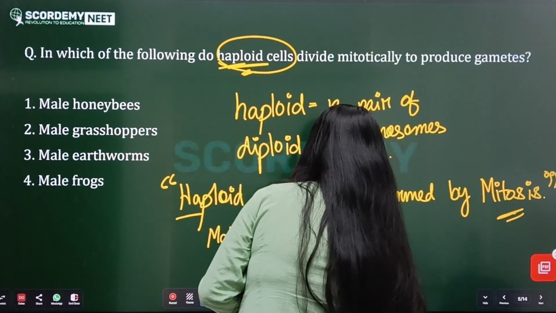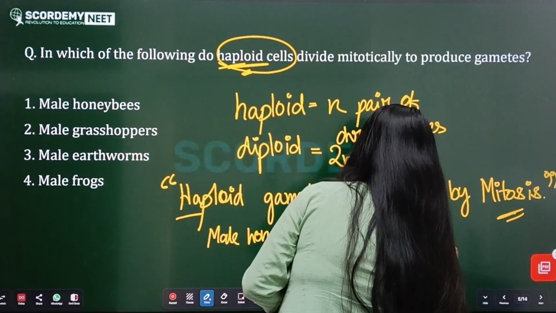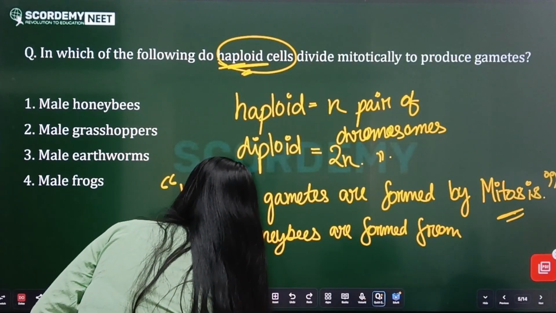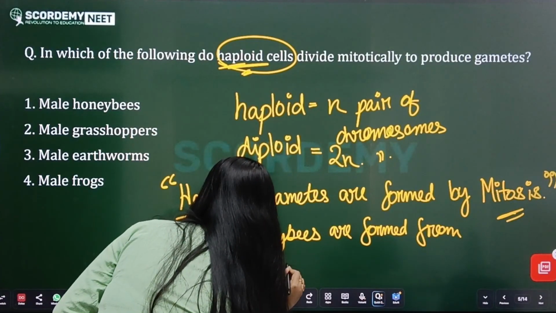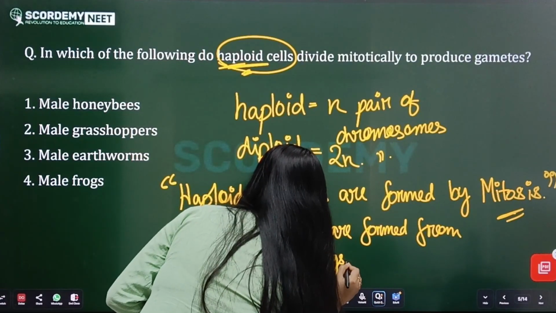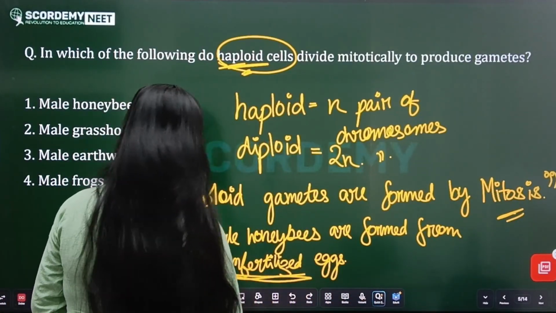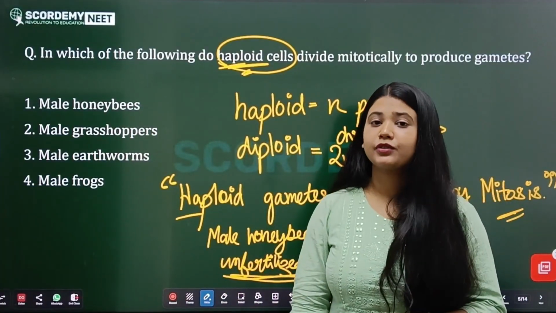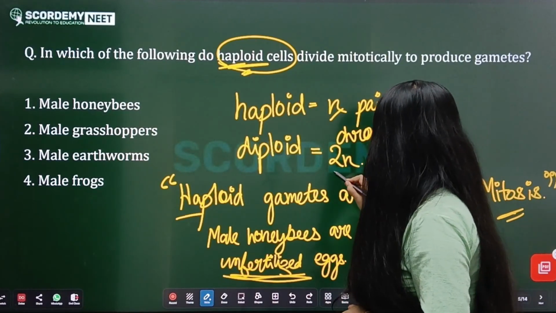Yes, so unfertilized eggs. Will the chromosomal distribution be n pair of chromosomes, or will it be twice n?